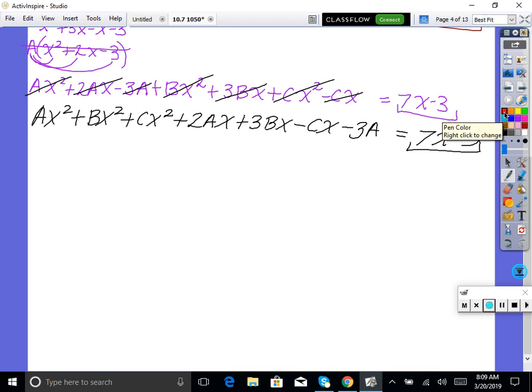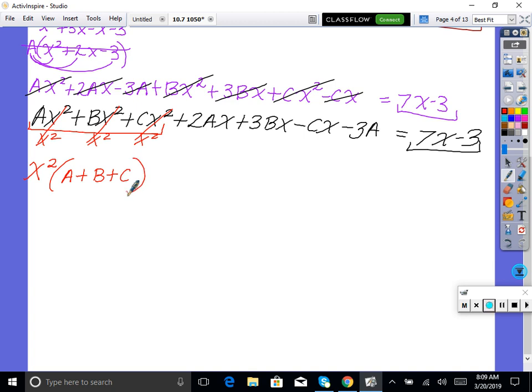Okay, now that you've reordered it, shouldn't we then factor out the common thing in each section? So in these three, I see an x squared. So I'm going to pull out an x squared. Divide by x squared, divide by x squared, divide by x squared. So then left would be a plus b plus c. Okay, moving on. With this section here, don't you have an x in all of them?